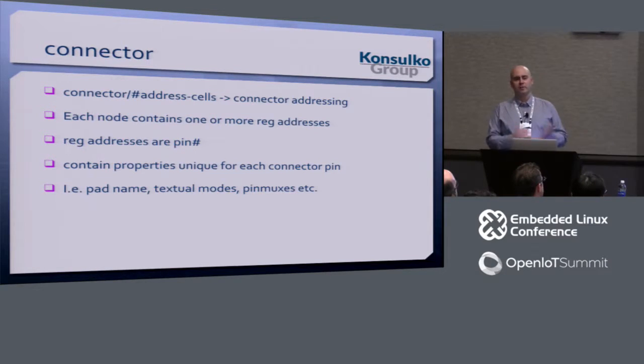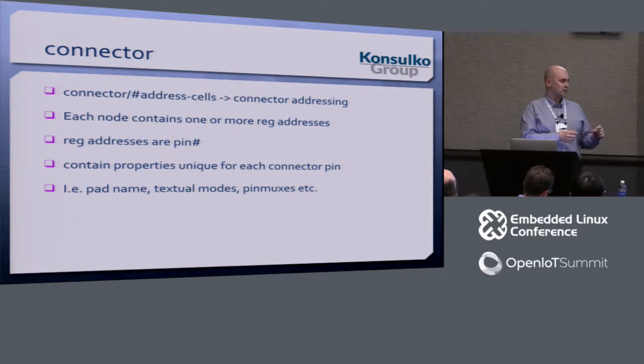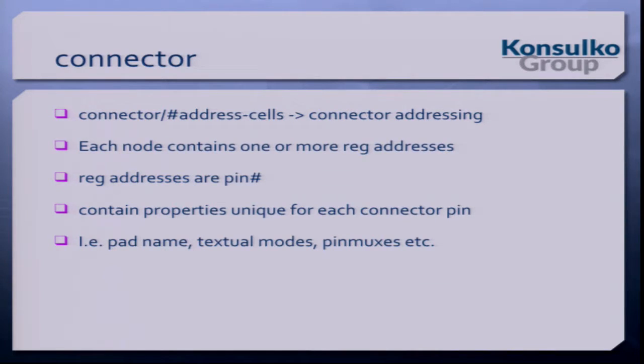If you open the manual and see how a connector is defined, actually it's defined by its physical connector. You have a connector, typically a connector number, and then a connector pin number. And you can easily express that using the device tree reg property. So it's a pretty easy map. So we have a connector node describing a pin, and you have certain properties that are unique for its connector pin that are defined for the connector driver.